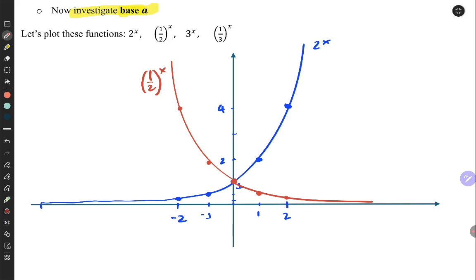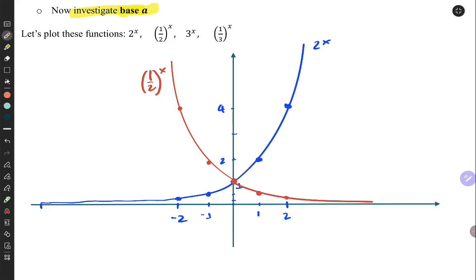Okay, transformation is a good word, but not detailed enough. What would be a better one? Reflect. Yes. They reflect each other over the y-axis. Very good.